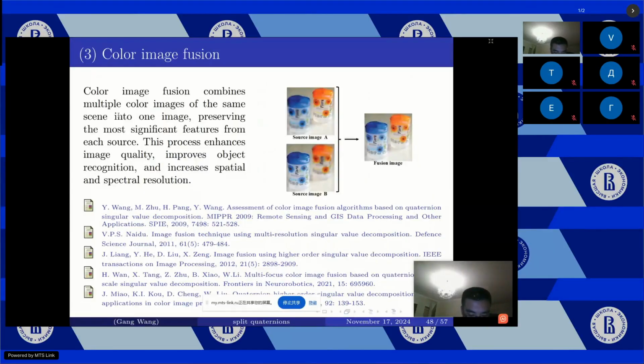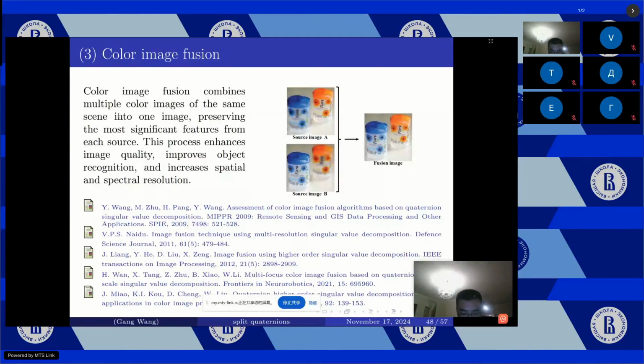Next, color image fusion using singular value decomposition is a technique that combines multiple color images of the same scene into a single composite image, effectively preserving the most significant features from each source.